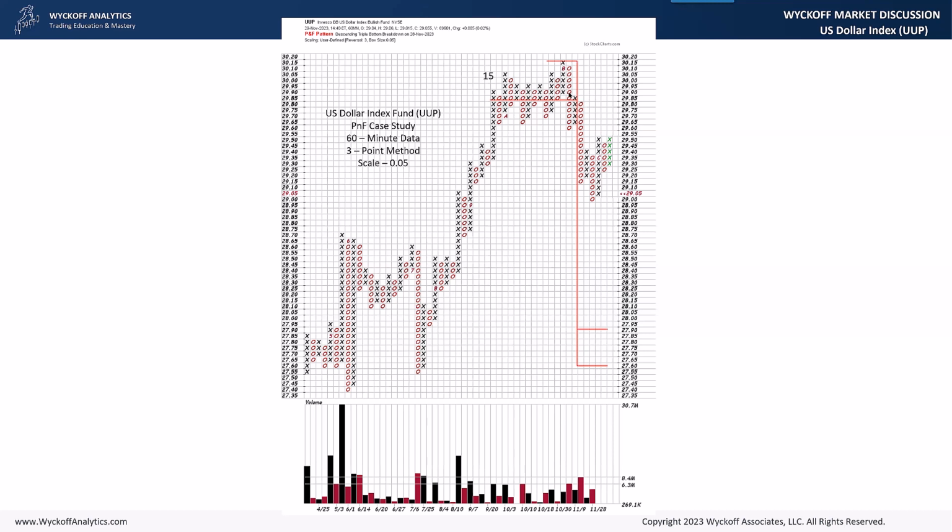It's really beautiful. It has an upthrusting action after forming a buying climax, a series of secondary tests, and an upthrust at the conclusion of the distribution. Then look at this outright failure, which tells you that this is an upthrust after distribution.